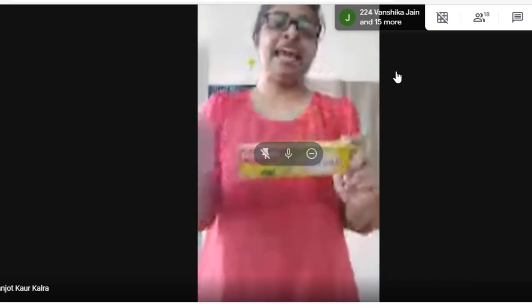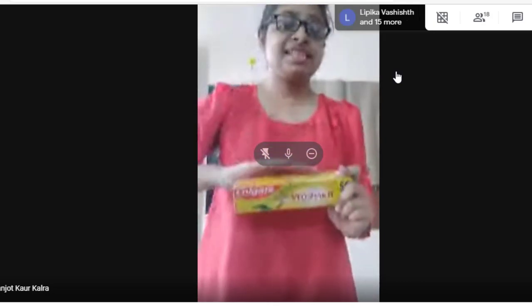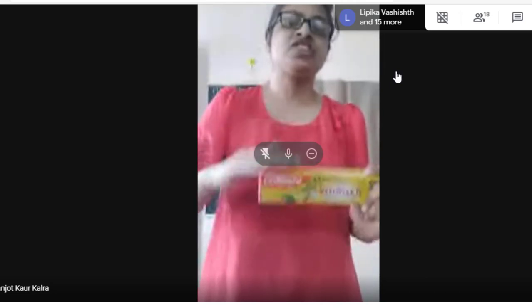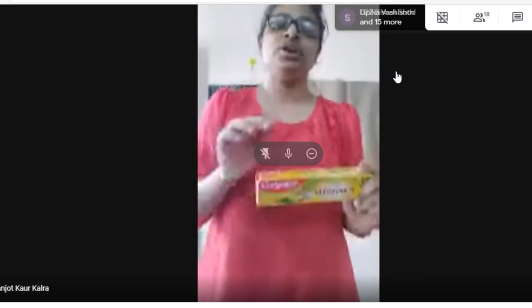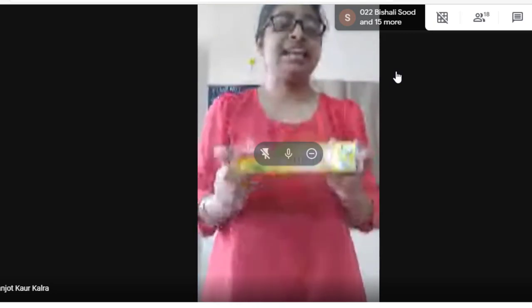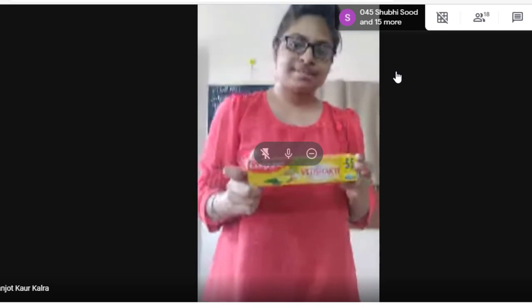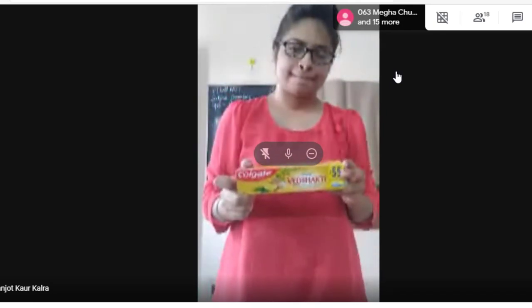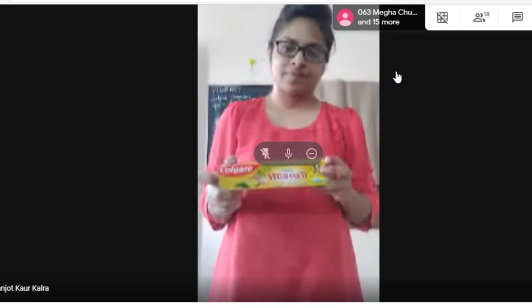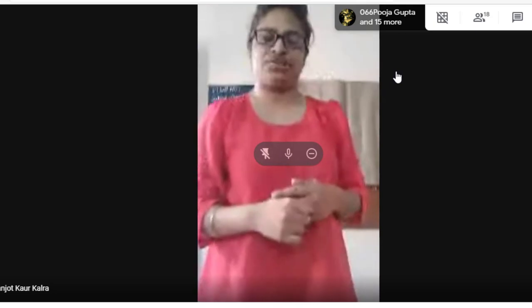This Colgate comes in a cardboard box. So this is its outer covering, which is the additional layer for the protection of the Colgate. So this is an example of secondary packaging. Is it clear, students? Yes, ma'am.